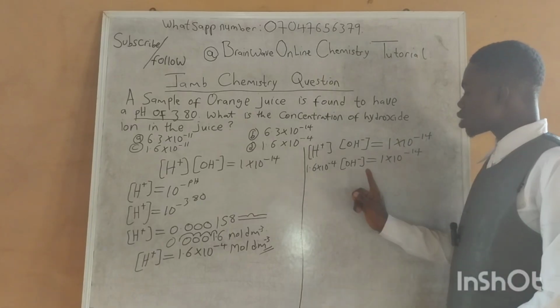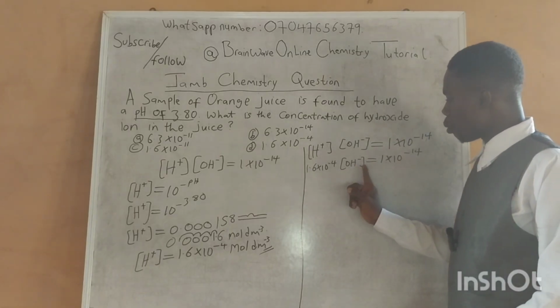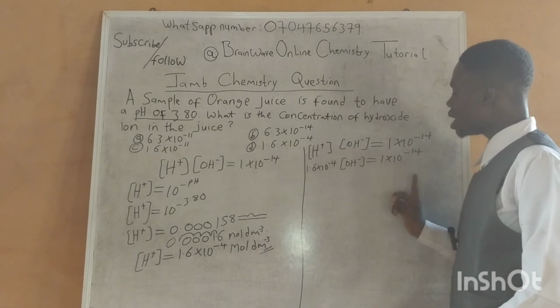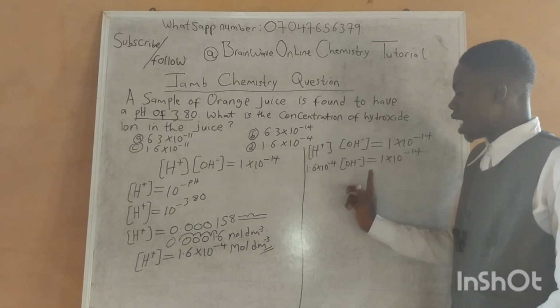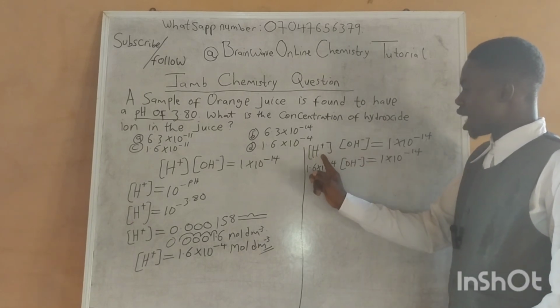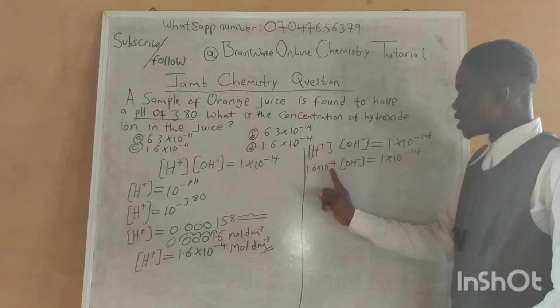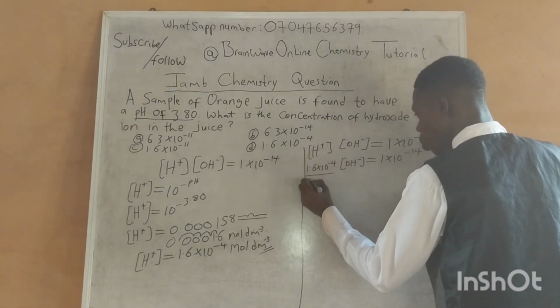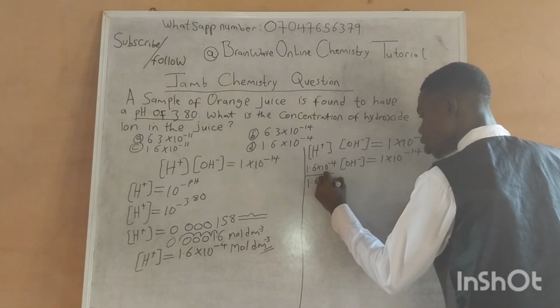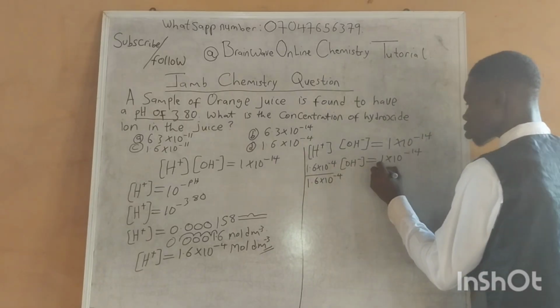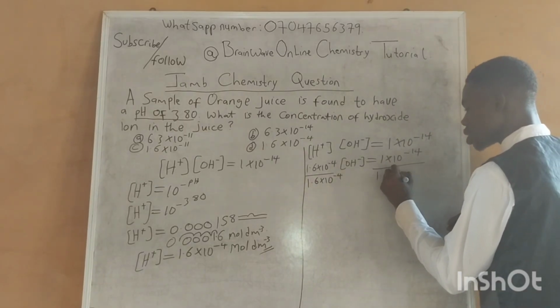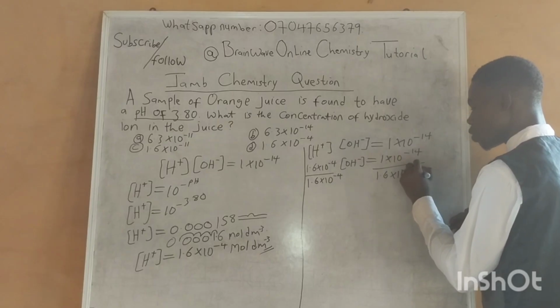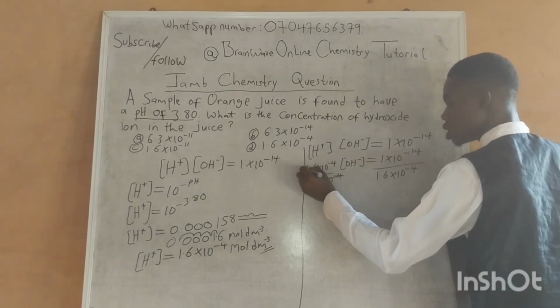Now, to make hydroxide ion the subject of the formula, we are going to divide both sides by the coefficient of hydroxide ion, which happens to be this hydrogen ion, which has a value of 1.6 times 10 raised to power minus 4. So I divide both sides by 1.6 times 10 raised to power minus 4. This cancels this.